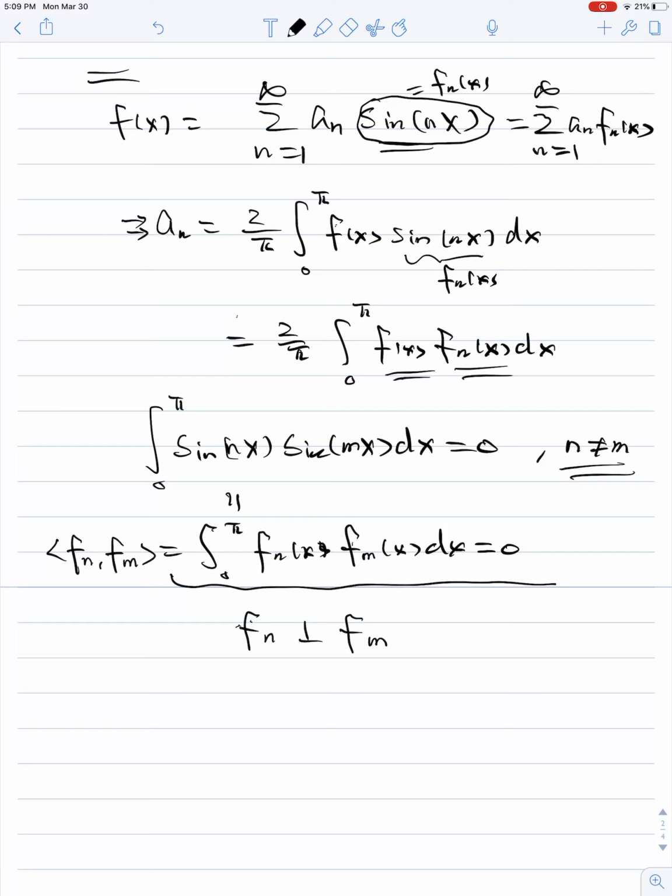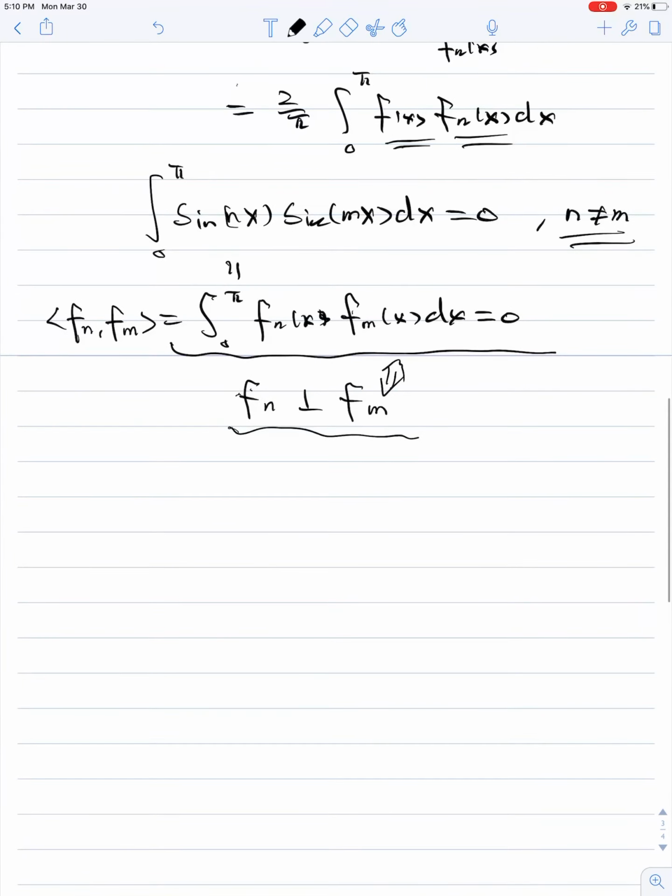If you remember what you learned in linear algebra, two vectors in an inner product space are perpendicular, or orthogonal, if and only if the inner product is 0. Okay, so now let me recall the concept of inner products.